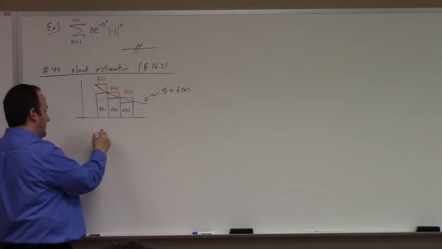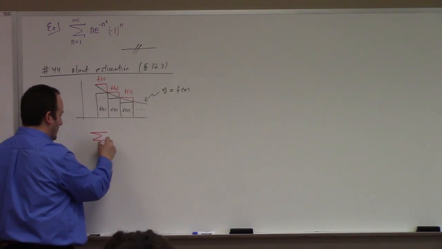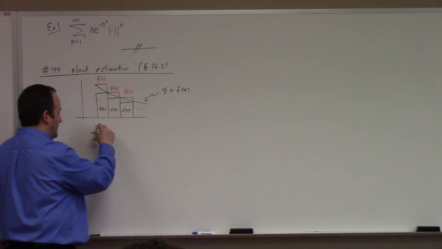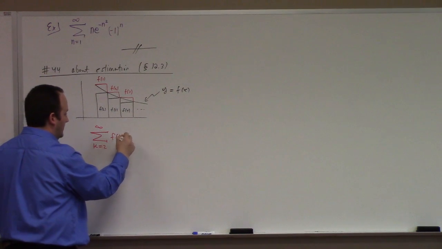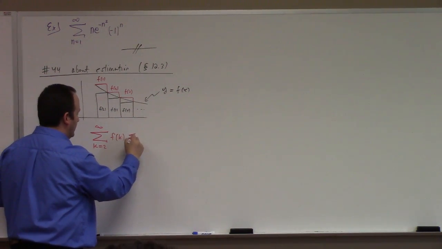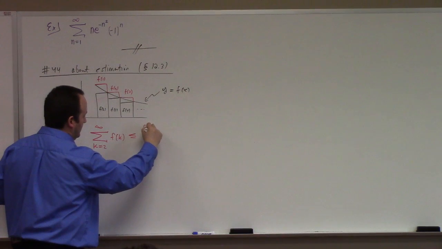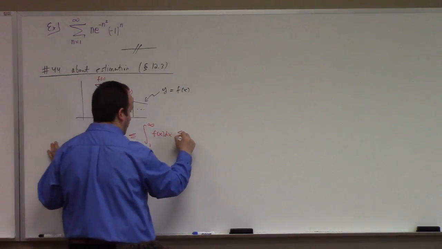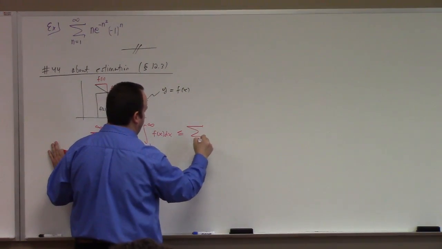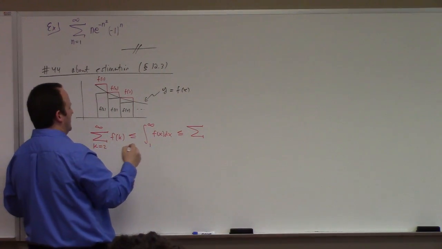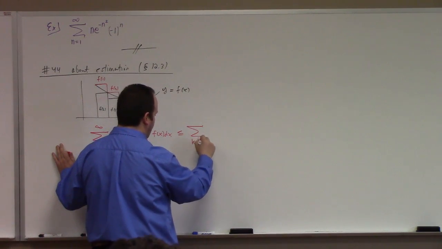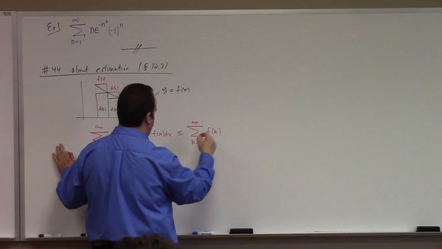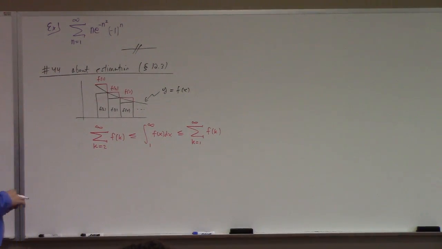So we have the following: the sum k equals 2 to infinity of f of k is less than or equal to the integral from 1 to infinity of f of x dx, which is less than or equal to the sum k equals 1 to infinity of f of k, assuming it's converging, of course.